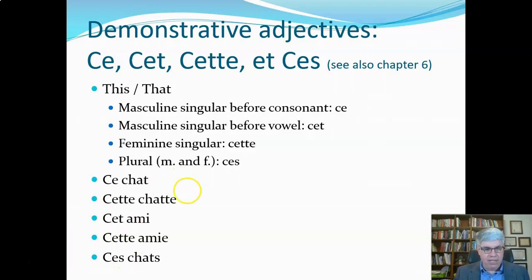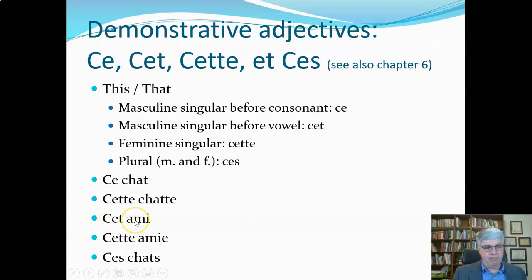And that's why we're doing this T here in cet ami, because if we didn't have that T, it would be ce, and the little words that end in E turn into apostrophes, so it would be c-apostrophe-ami, which would be pronounced "kami," but no, it just doesn't work. So that's why we put the T in there to separate.